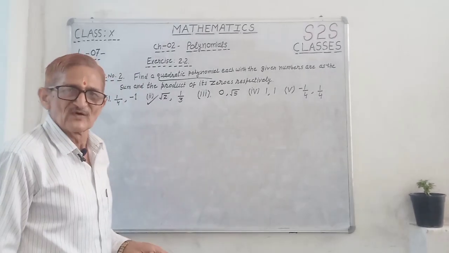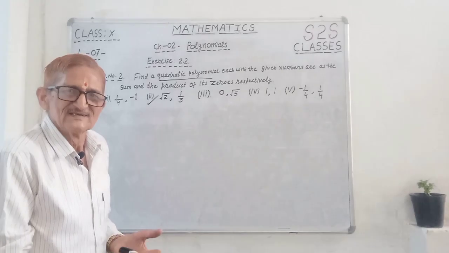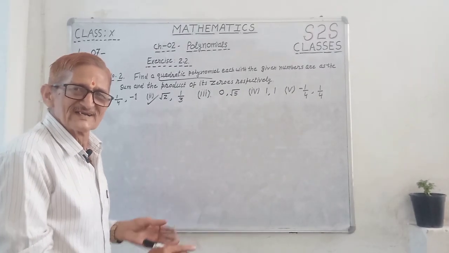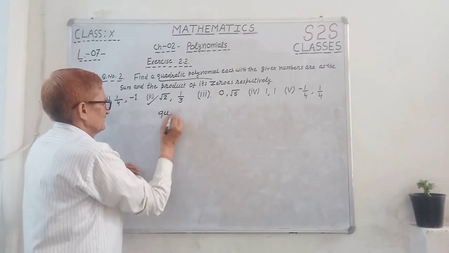One more direct formula. One other method also I want to tell: what the quadratic polynomial is when sum of zeros and product of zeros are given, the quadratic polynomial directly.